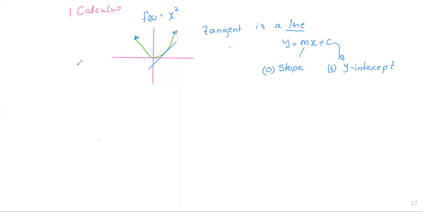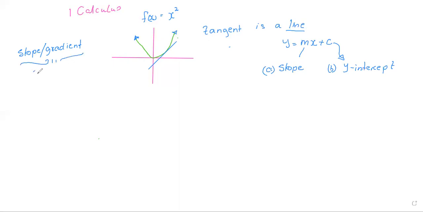Now, we talk about the slope, the gradient. This is what we talk about in elementary mathematics.